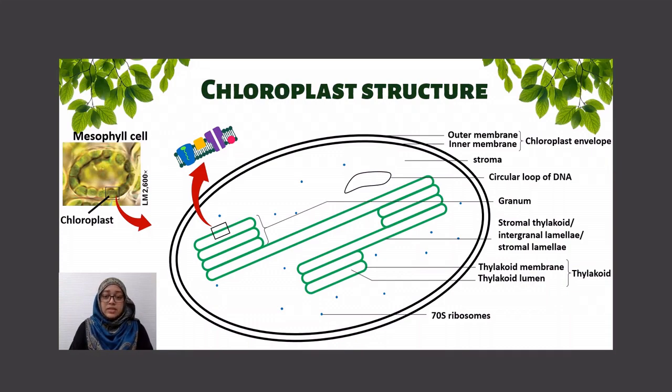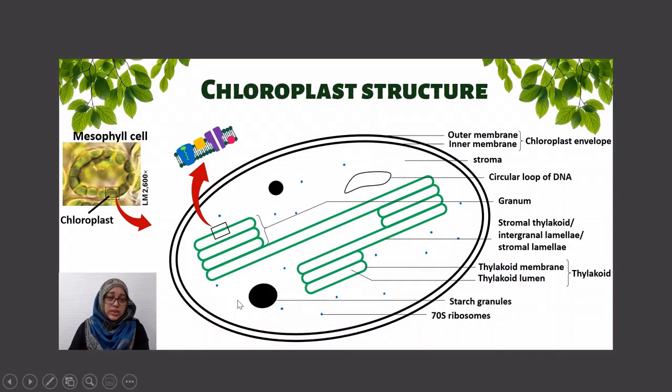Okay, so these are the major structures, and with all of them you will have photosynthesis occurring, forming the sugars, and if there's an excess, some of those sugars can be stored within the chloroplast as starch granules. So in some pictures of chloroplasts you'll find these starch granules, in some you may not.